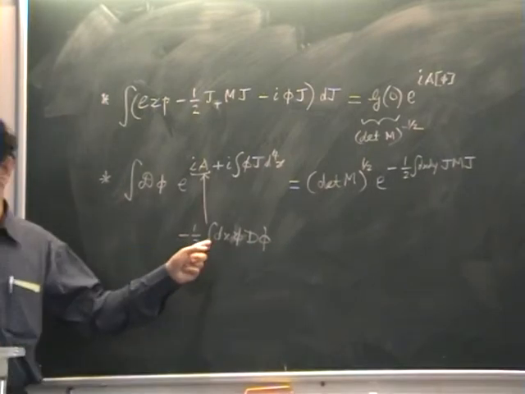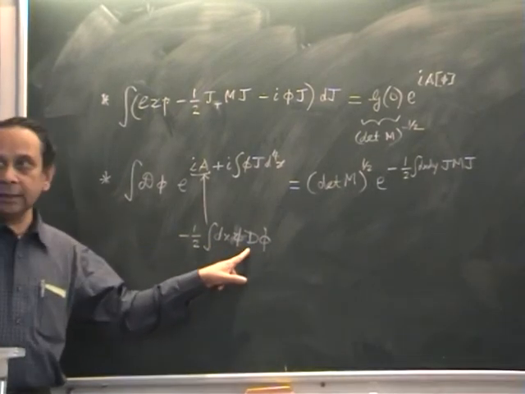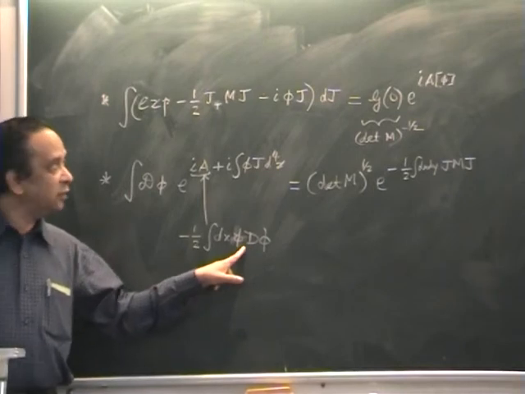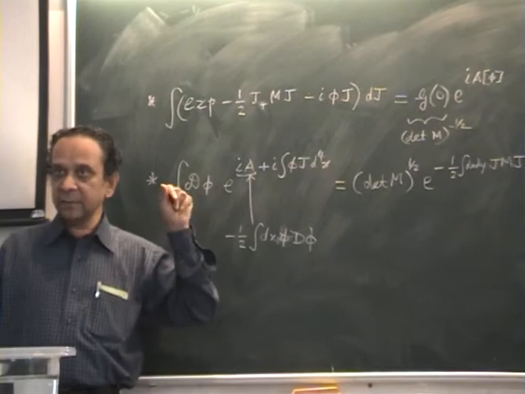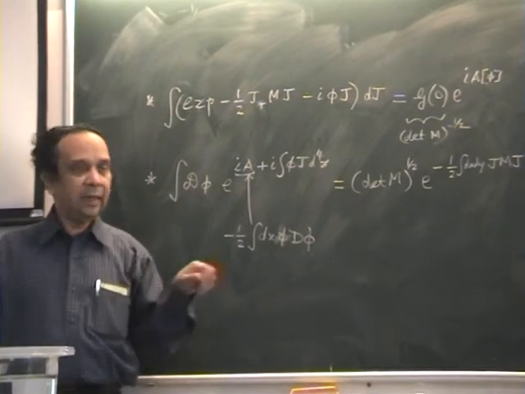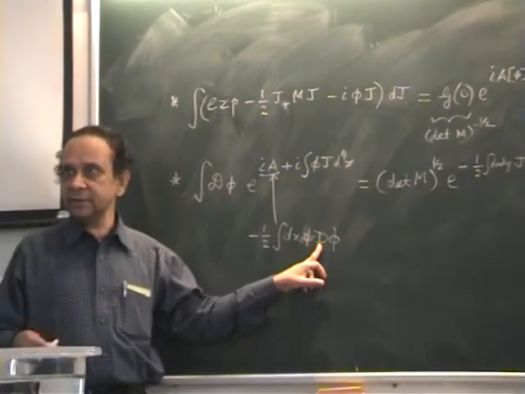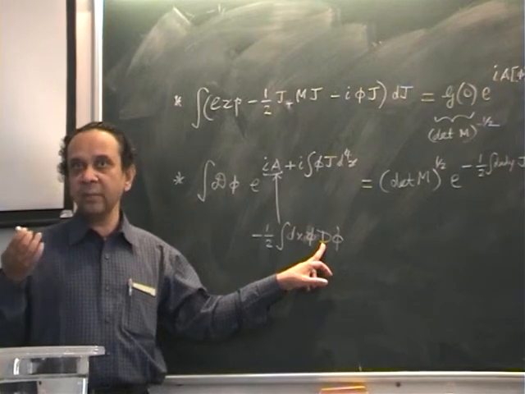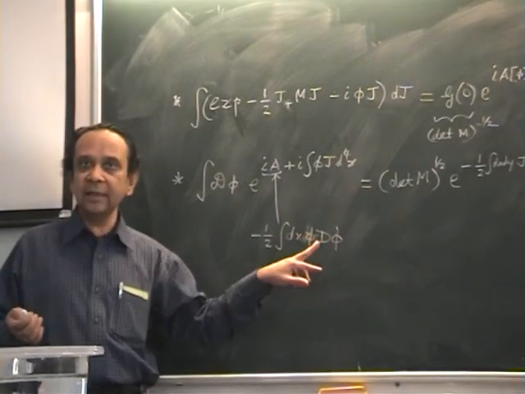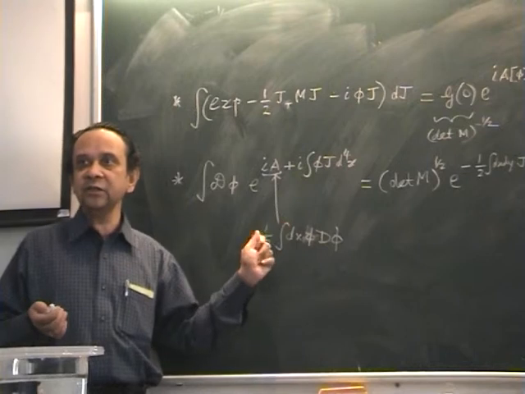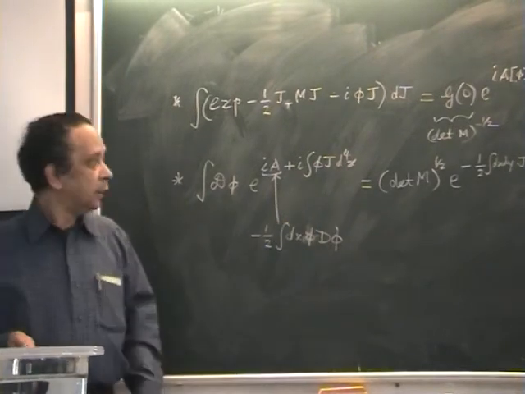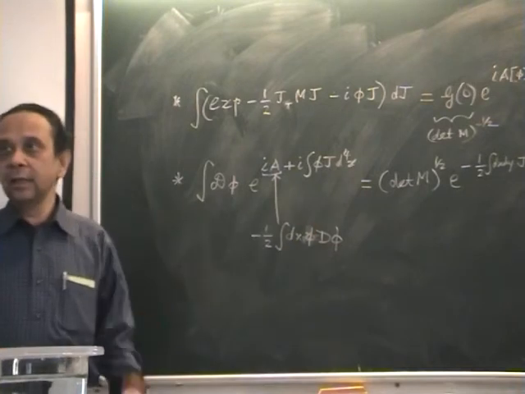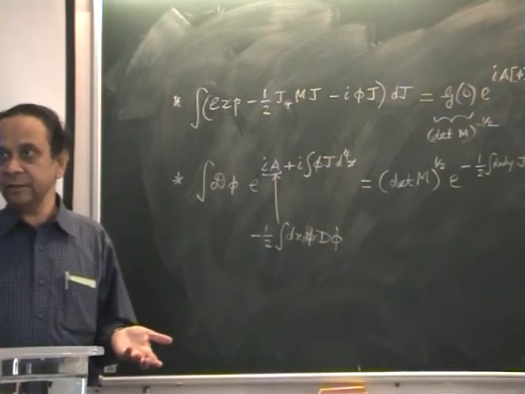Remember, we worked it out. We worked out an operator D, which was an inverse of the matrix m, and that turned out to be box plus m square minus i epsilon. Then we converted that box plus m square minus i epsilon, by integration by parts, into some phi I, and that is how we got this action. So D and m are inverses of each other.